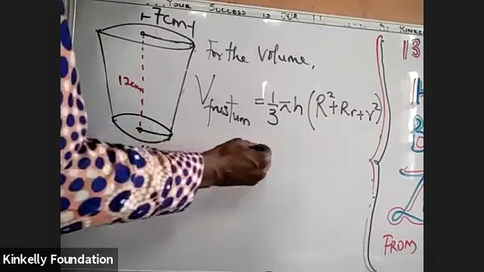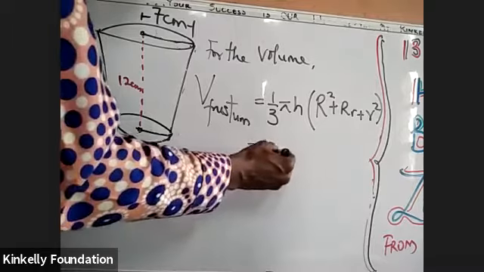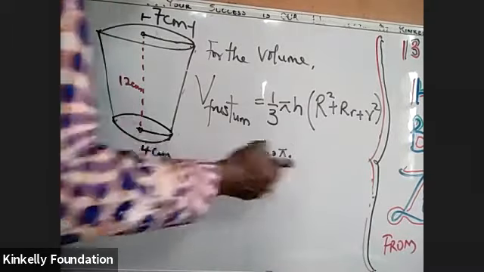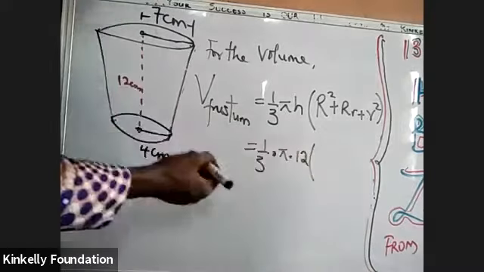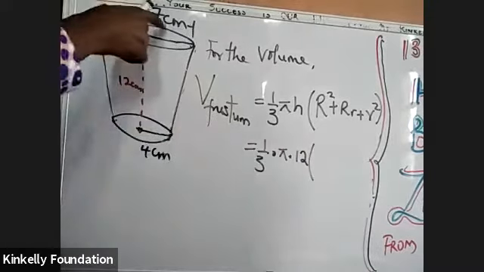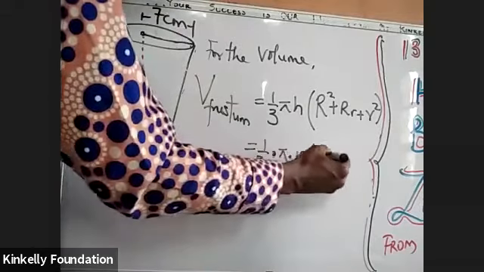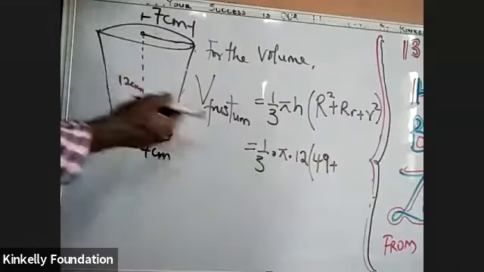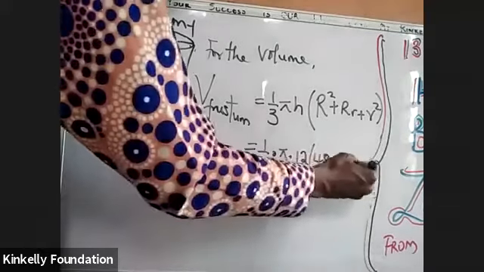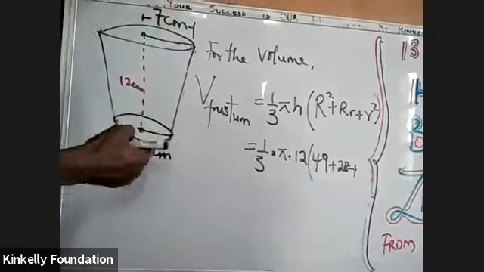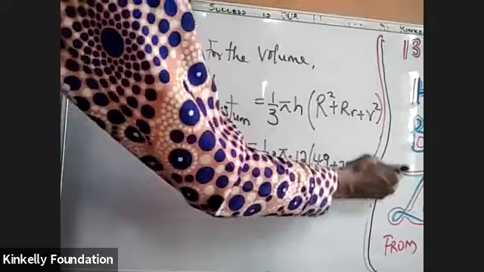So we have this as 1/3 times pi times the height, which is 12, times (R squared, which is 49, plus 7 times 4, which is 28, plus 4 squared, which is 16).